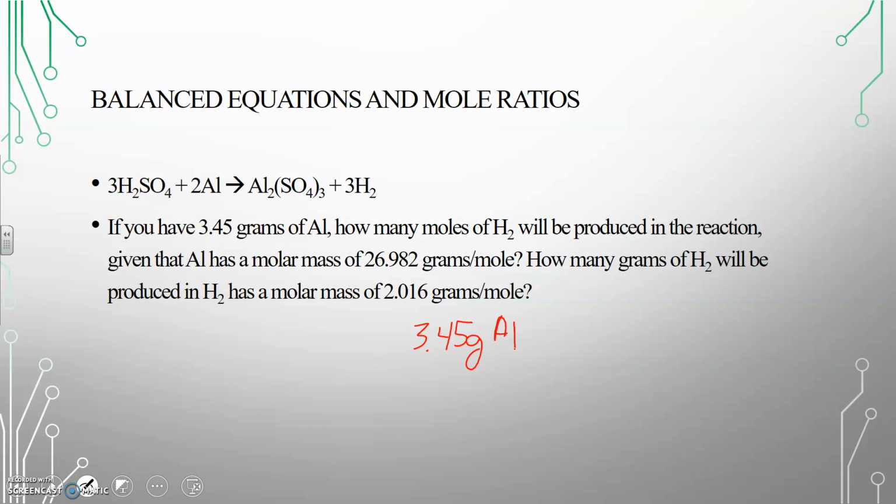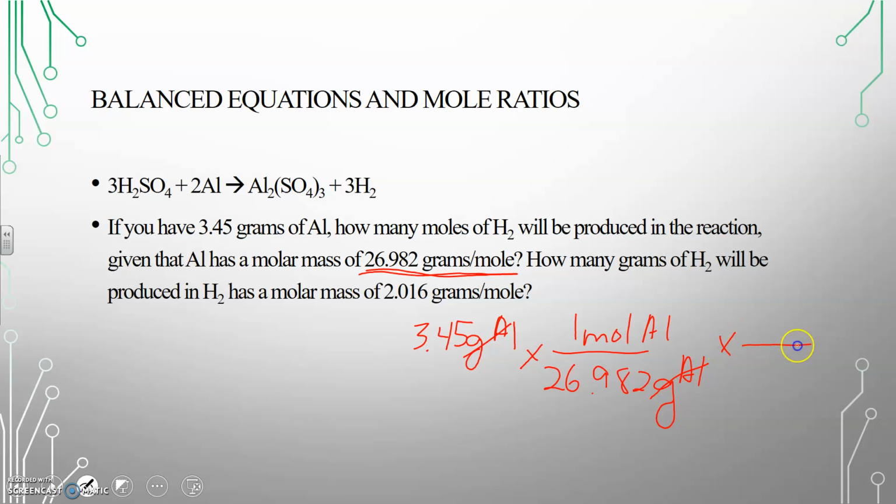We need to convert that to moles, so we have our conversion factor right here. Remember, grams go on the bottom so that they cancel. And you've got your 1 mole on top, and this is still of aluminum. So our grams of aluminum will cancel there. And now we're at moles of aluminum.